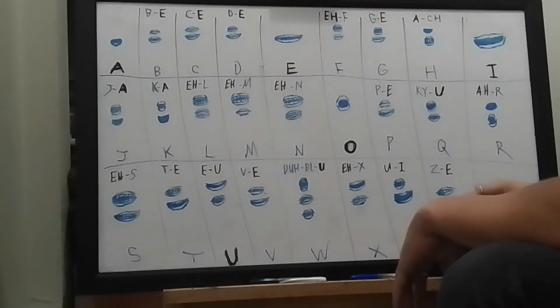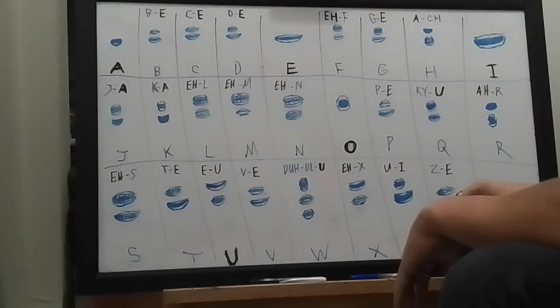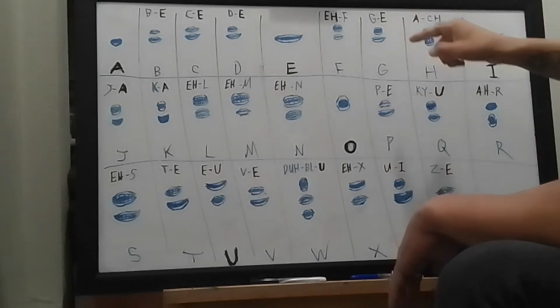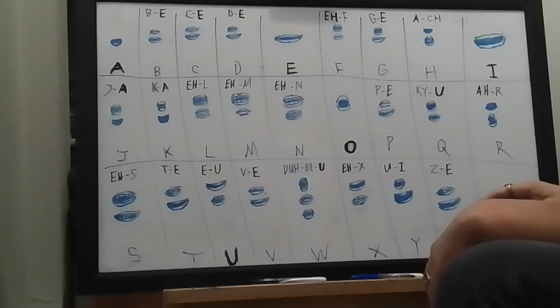Then F, E. F is really closed, E is more open, right? G, G. Your teeth are a little bit clenched. E, then H, A, ch.